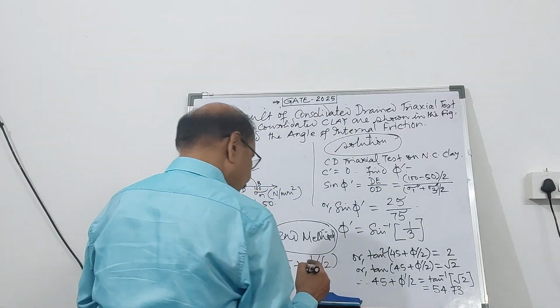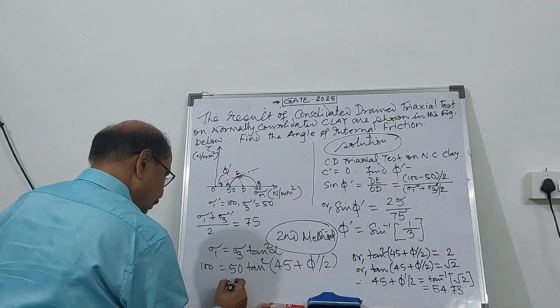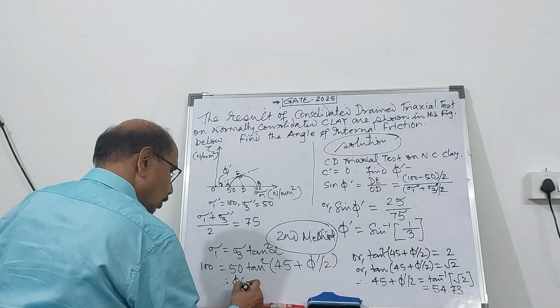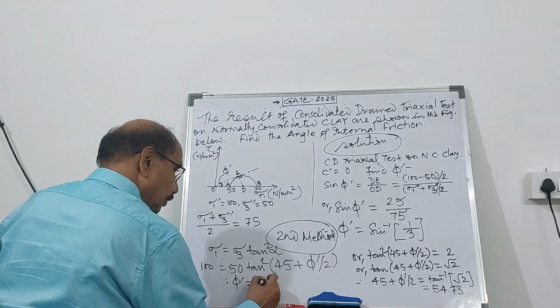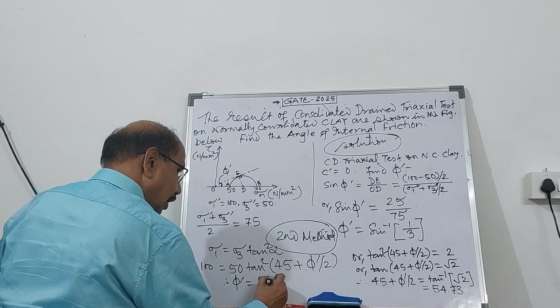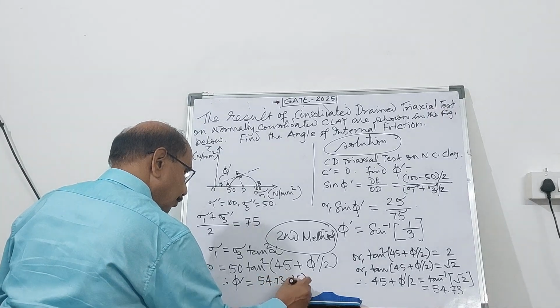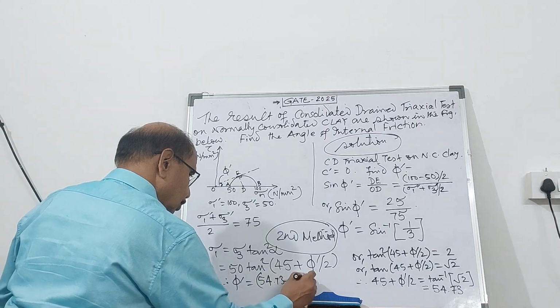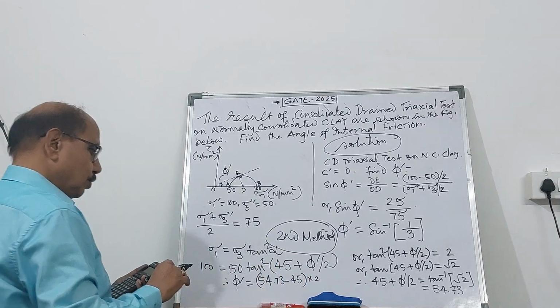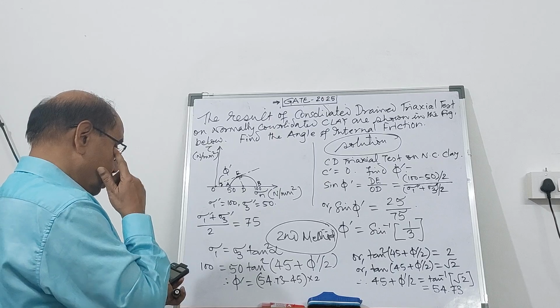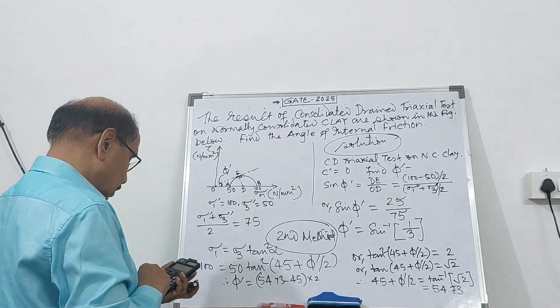Therefore, phi prime equal to 54.73 minus 45, into 2. So this you can find out.